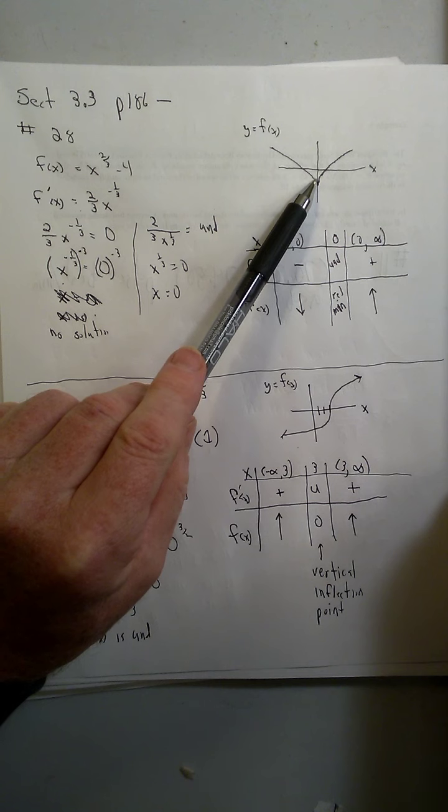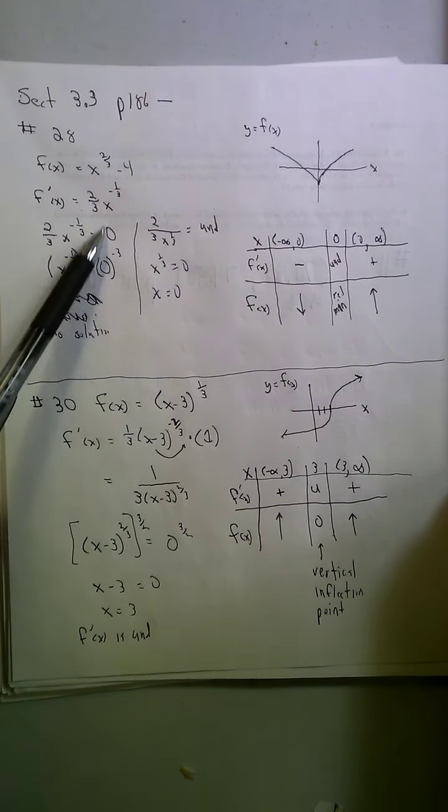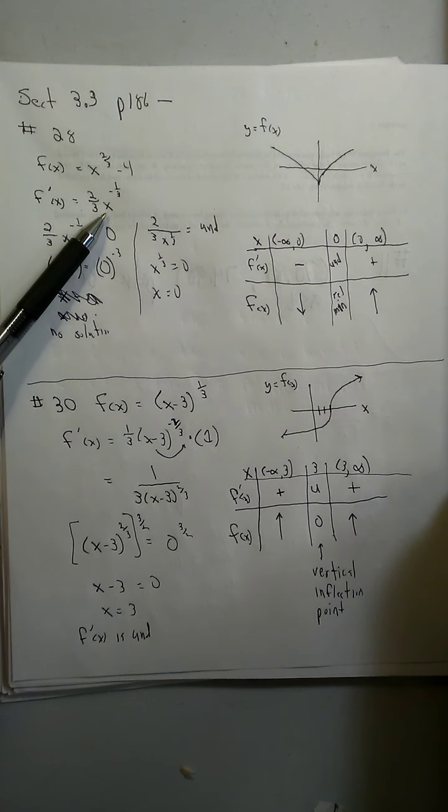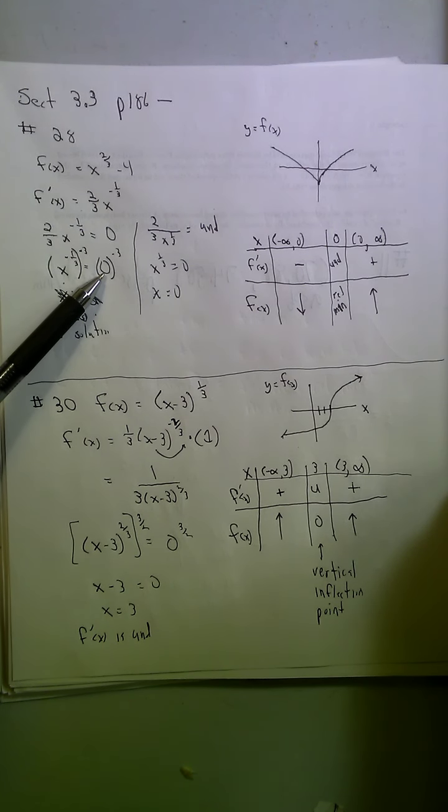All right, so we want to find critical values, just like before. That's the first step. Take the derivative, say, okay, if I set this guy equal to 0, I get to here, divide both sides by 2/3. Now I have x to the negative 1/3 equals 0.